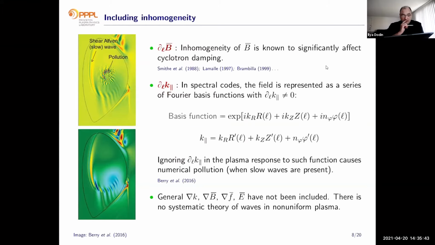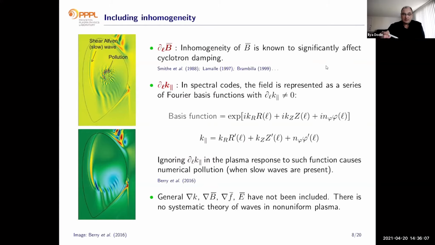Surprisingly enough, waves have been studied in plasmas for many, many decades. But if you look up a textbook, you will never find, not in a single textbook, a systematic theory of waves in non-uniform plasma, because once you include kinetic effects, it just becomes super ugly. And people just don't do it.